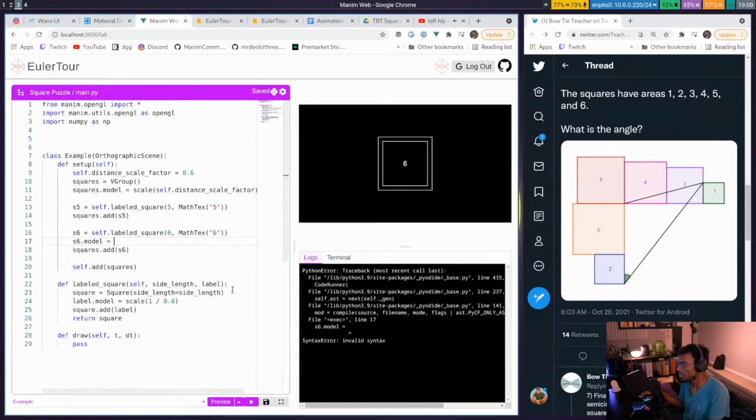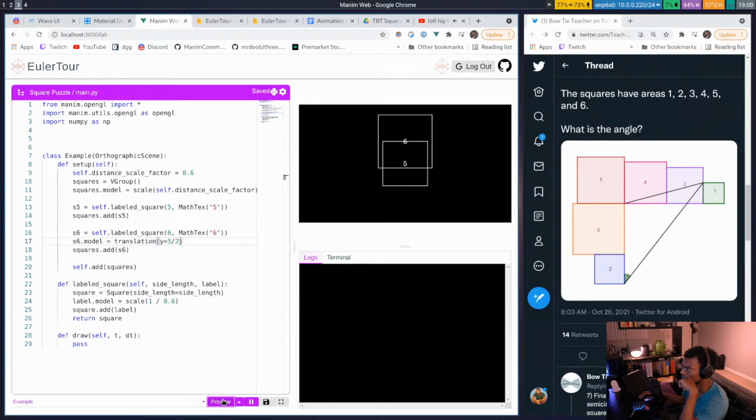Maybe this can just be the origin though. So maybe we can just say translation, or like y equals 5/2. I did that in the wrong direction. But yeah, then this also has to be exactly 5.